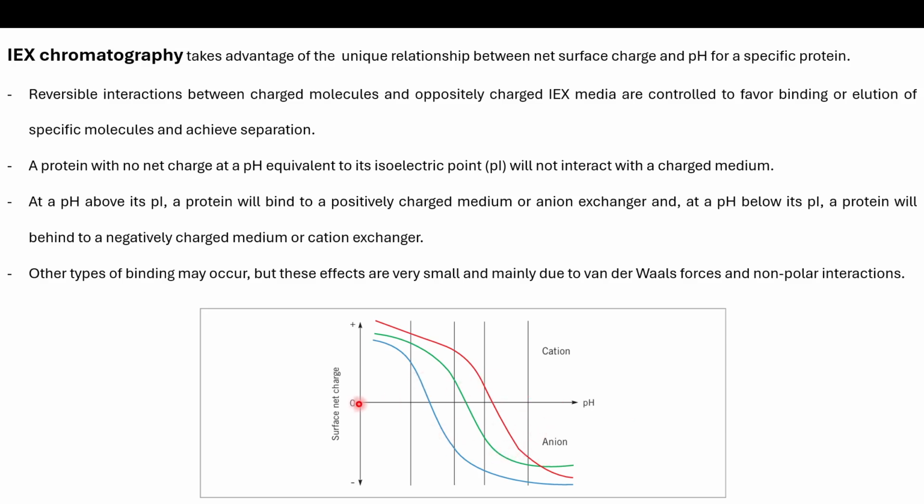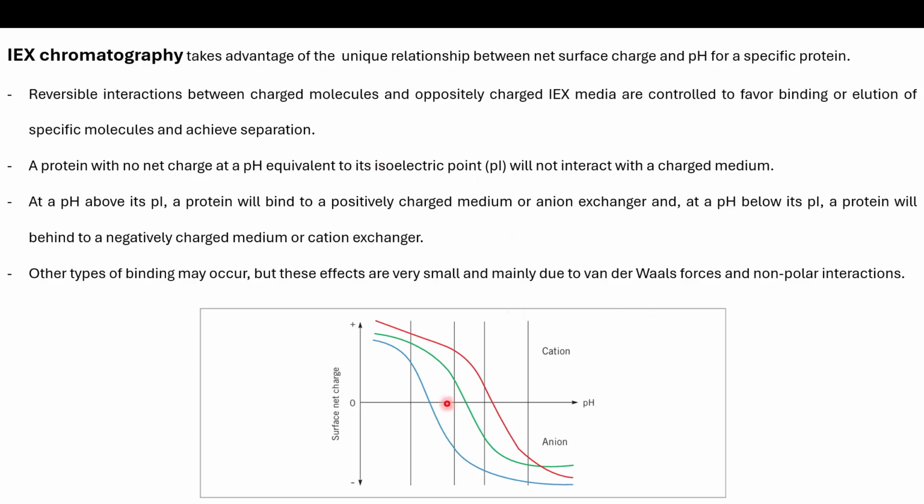Now we see here that this is the pH range and this is the surface charge. As the pH is increasing, for a certain protein, at a pH range lower than its pI value, it will be positively charged, and it will be negatively charged for a pH range above its pI value.